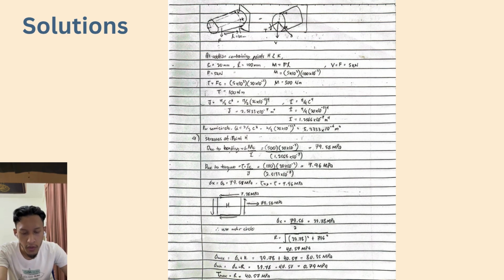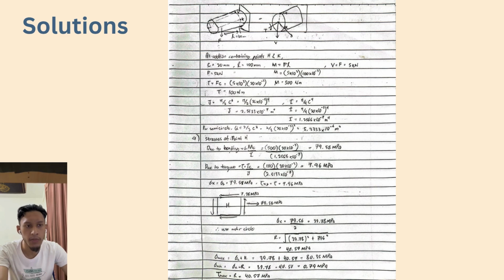So if we substitute the value, we get 1.2566 times 10 to the power of negative 7 meter to the power of 4 for moment of inertia.